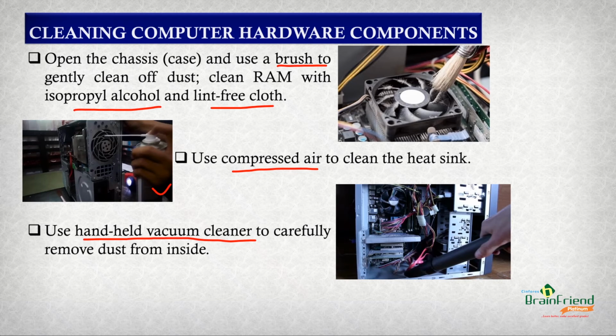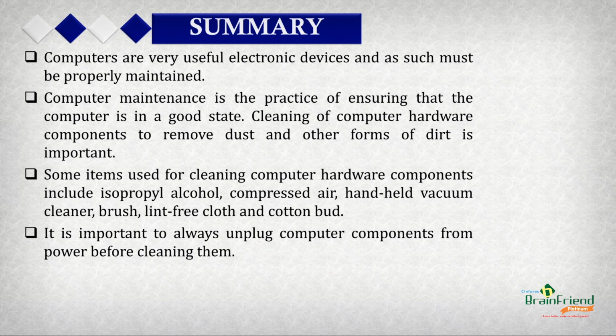At this point, we've come to the end of this lesson, but before we leave, let's have a quick summary. First, we learned that computers are very useful electronic devices and as such must be properly maintained. We also learned that computer maintenance is the practice of ensuring that the computer is in a good state. Cleaning of computer hardware components to remove dust and other forms of dirt is important.